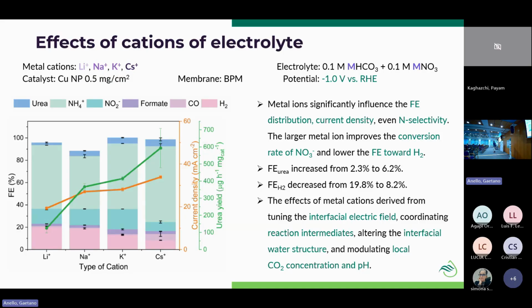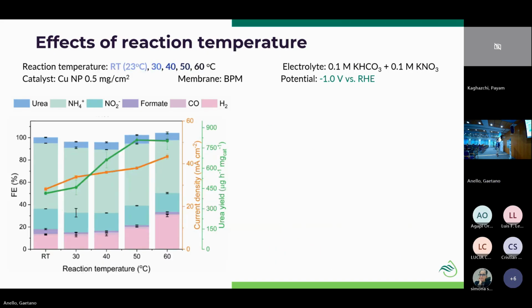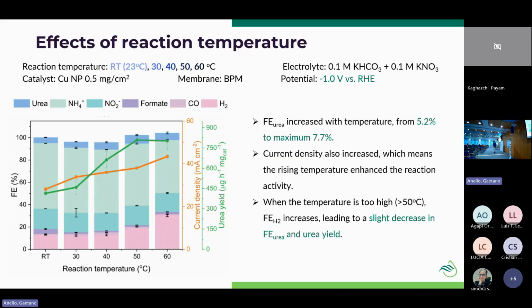So this can also be an explanation here, where we have a slight enhancement of urea Faraday efficiency with a bigger cation. And if you look at the reaction temperature, again, we do the reaction at different temperatures. We see that we have a slight increase again with reaction temperature, going to around 8% Faraday efficiency to urea.